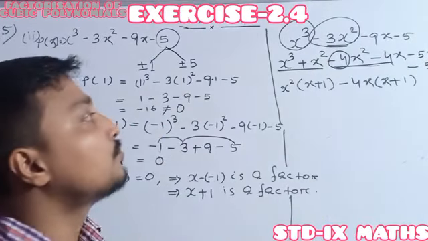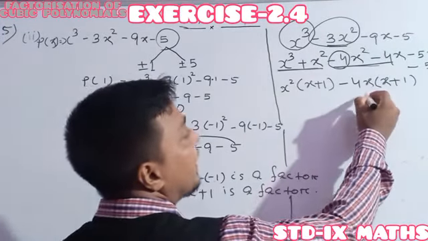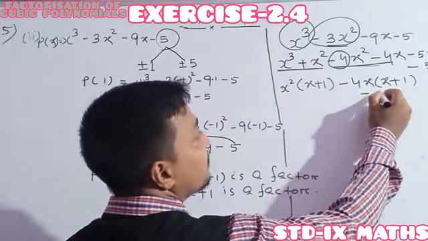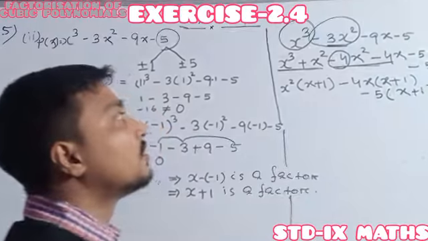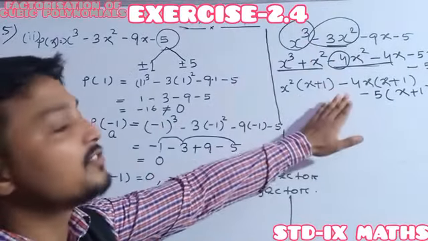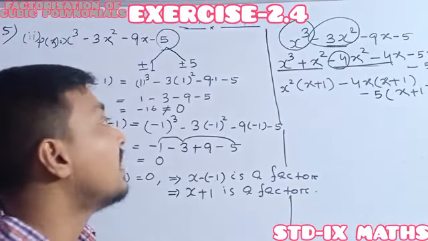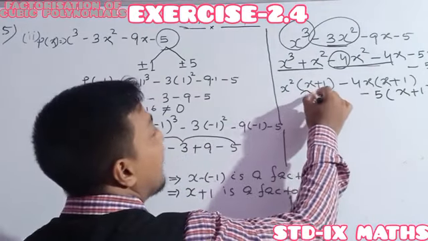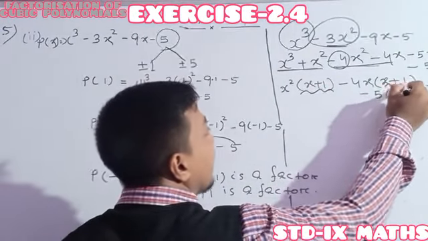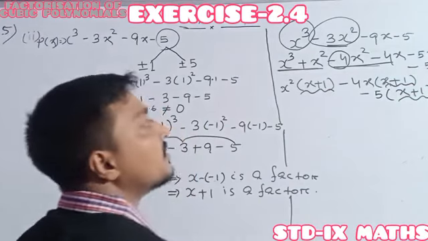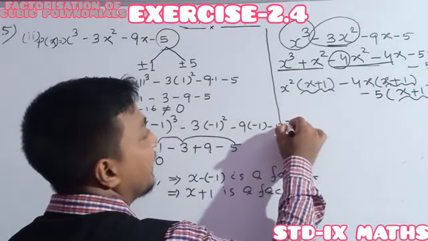And from the last two terms, minus 5x and minus 5, minus 5 can be taken as the common. Within the bracket x plus 1 will be there. So it means the total polynomial has been reduced into 3 terms, and within the 3 terms there is a binomial common. So I am taking the binomial as the common.